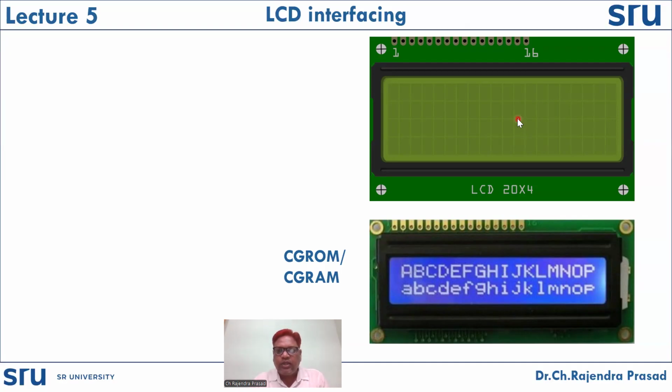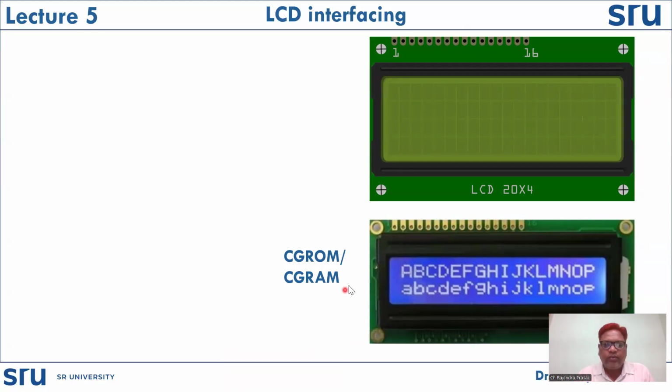This LCD is available with a green backlight, and this one with a blue backlight. As I already mentioned in the previous slide, with the help of CG-ROM and CG-RAM, the user can display alphabets as well as numbers and some custom generated values or custom generated graphics.